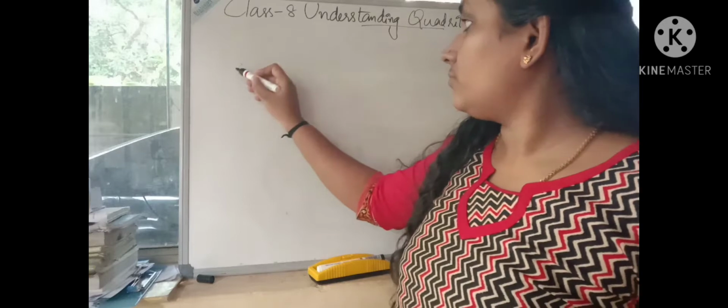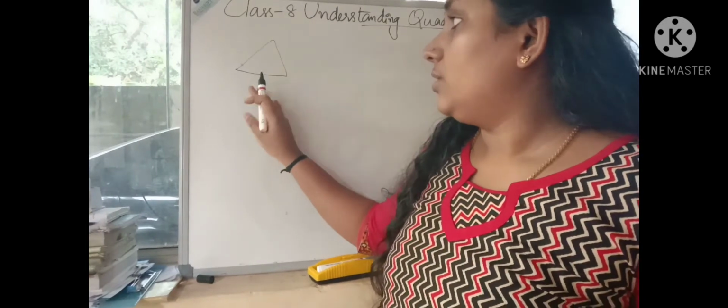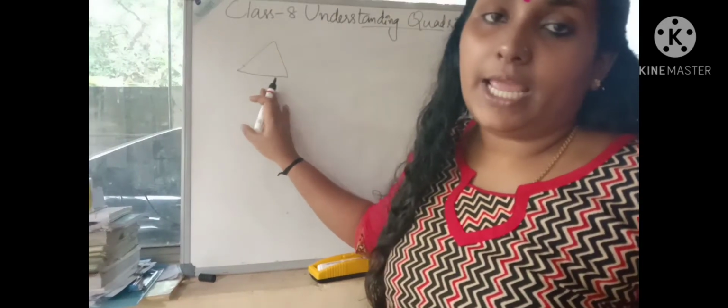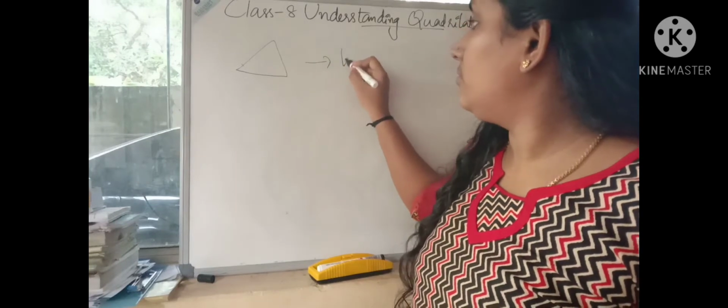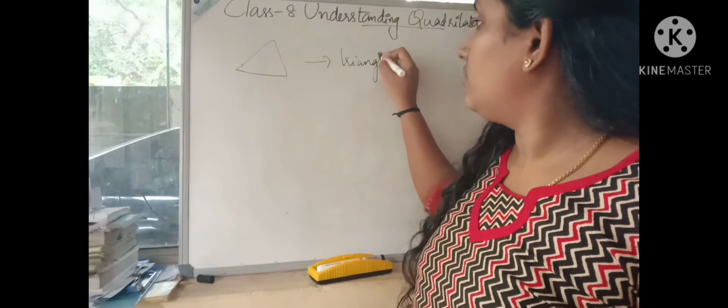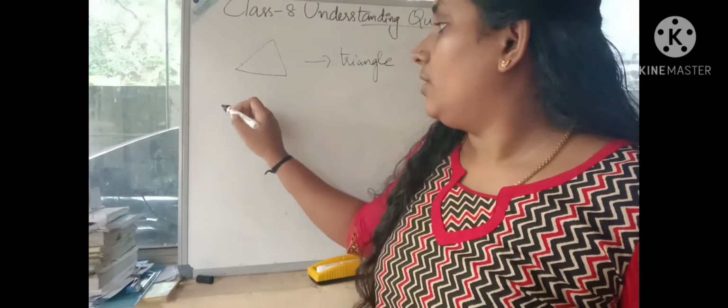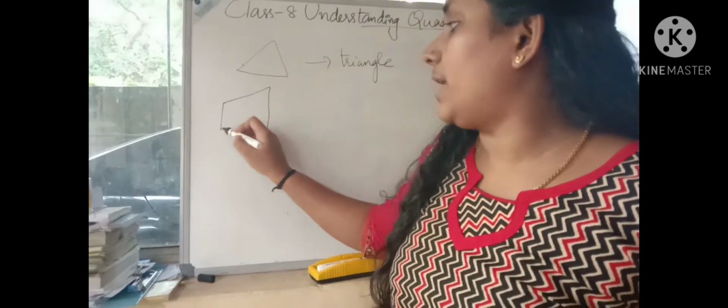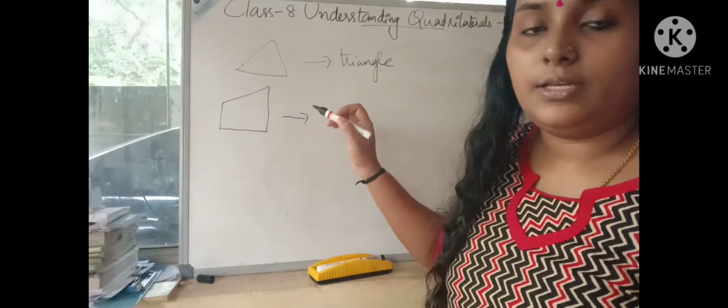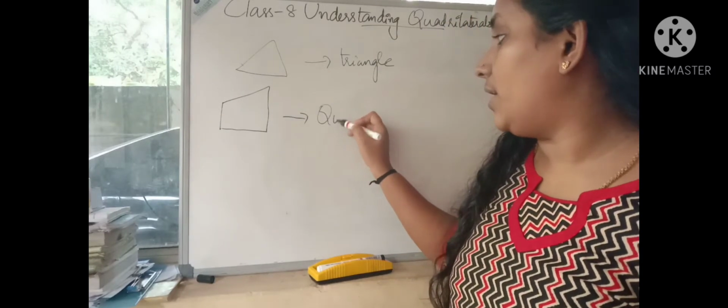Okay? A polygon having three sides is a triangle. Then a polygon having four sides, that means it is a quadrilateral.